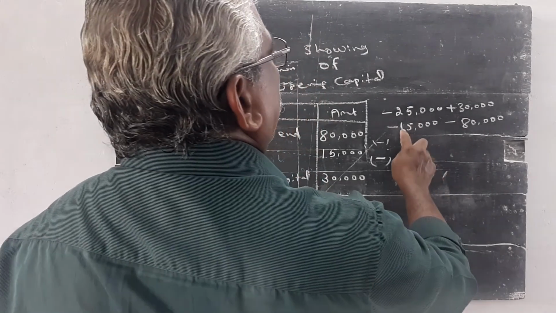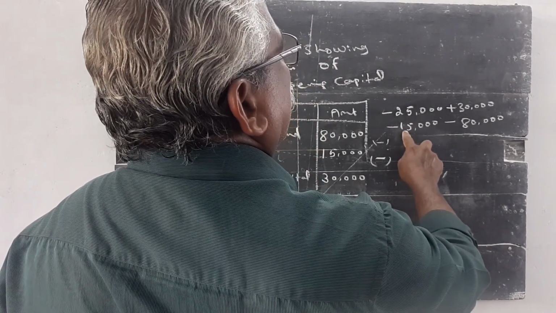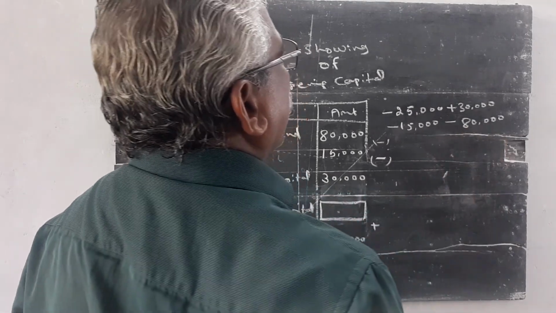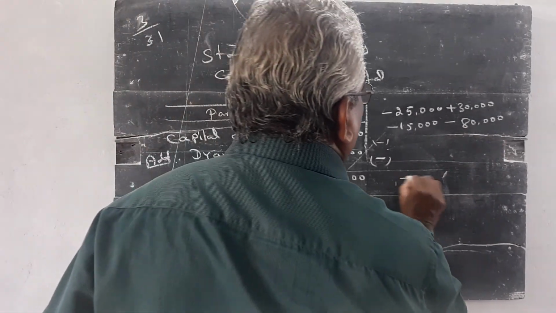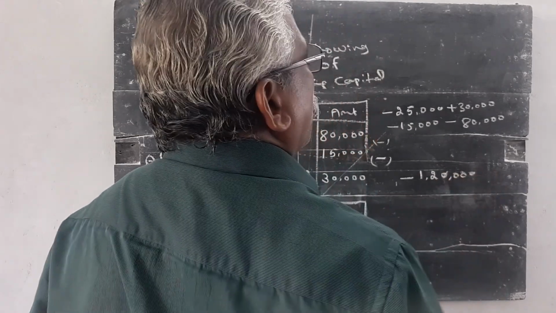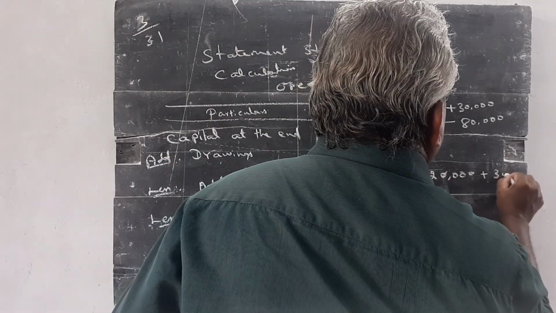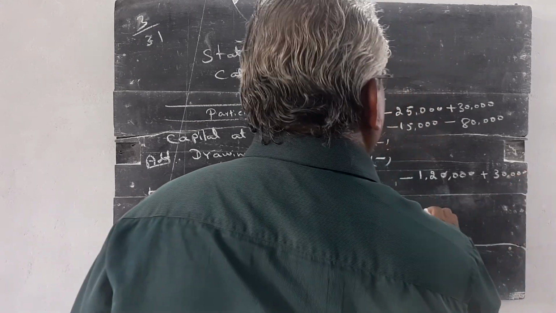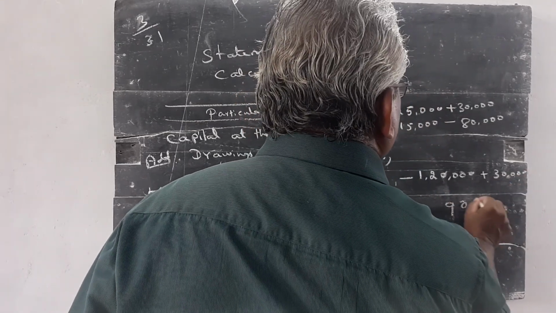We get minus 1,20,000 plus 30,000. So we get the answer 90,000.